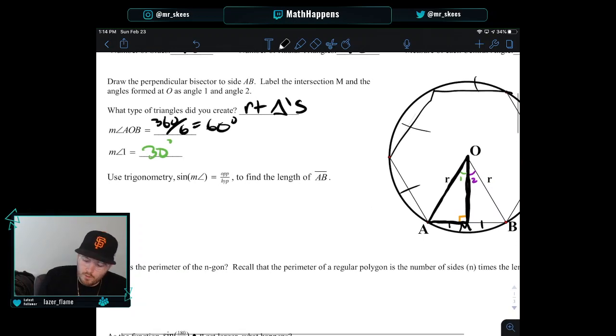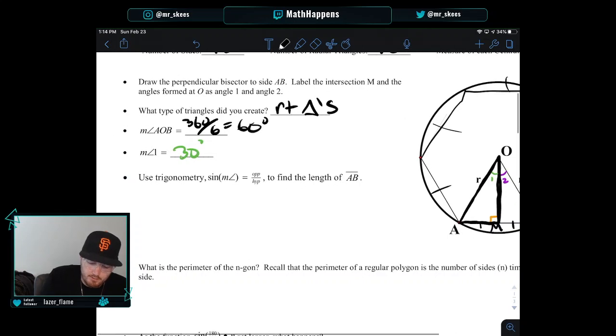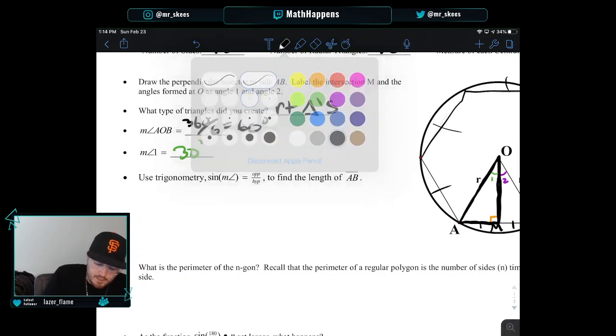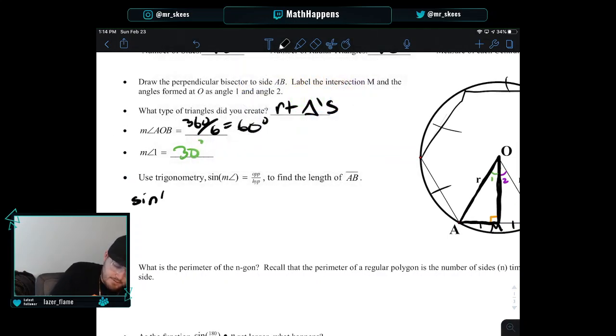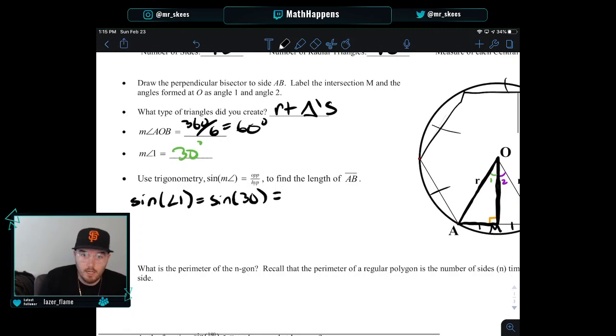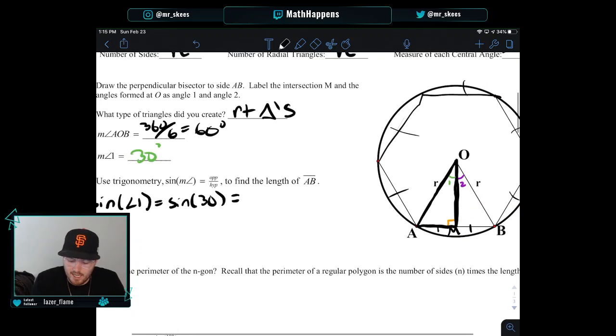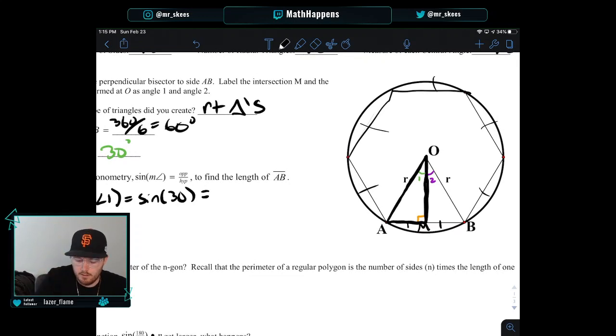So we know that angle 1 is 30 degrees. So sine of angle 1, in other words, sine of 30 degrees, is equal to opposite over hypotenuse. What side is opposite of angle 1?